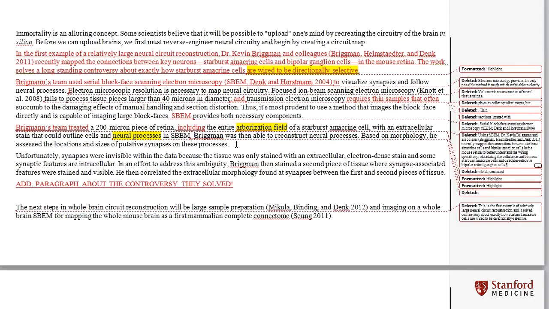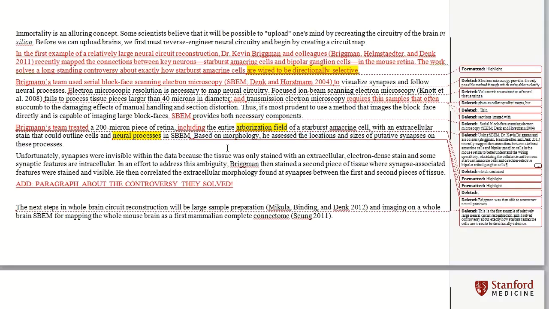Next we get to "Brigham was then able to reconstruct neural processes." That's repetitive, so we can just cut that. Then we get this sentence: "Based on morphology, he assessed the locations and sizes of putative synapses on these processes." Basically the idea here is that he's inferring where the synapses are based on what he can see.